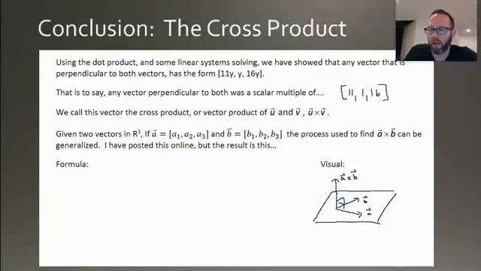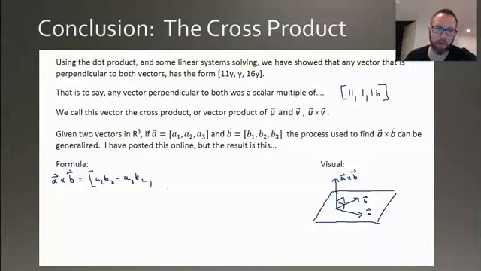So how do we calculate this, given any two general vectors? How do we calculate this vector that's perpendicular to both, this cross product? Well, here's the formula. And as I said, the derivation will be on Brightspace. So I'm not going to go through the derivation right here. To get the x component of the cross product, you use the y and z components of the original two, like so. You do a2 times b3, and you subtract a3 times b2.